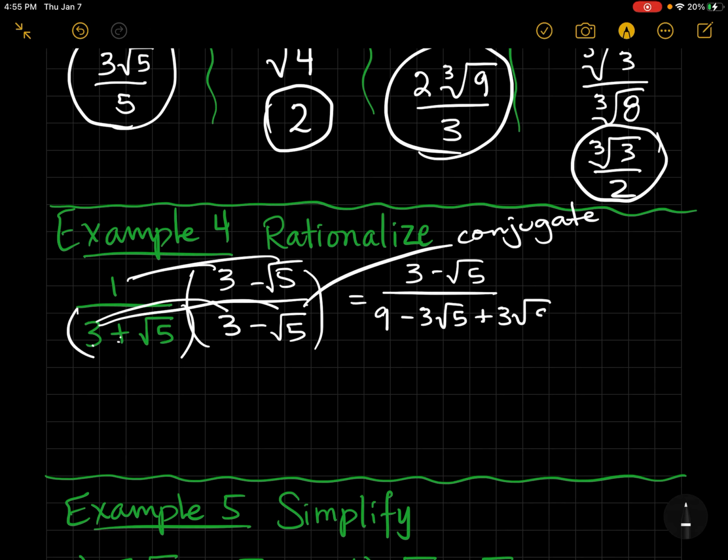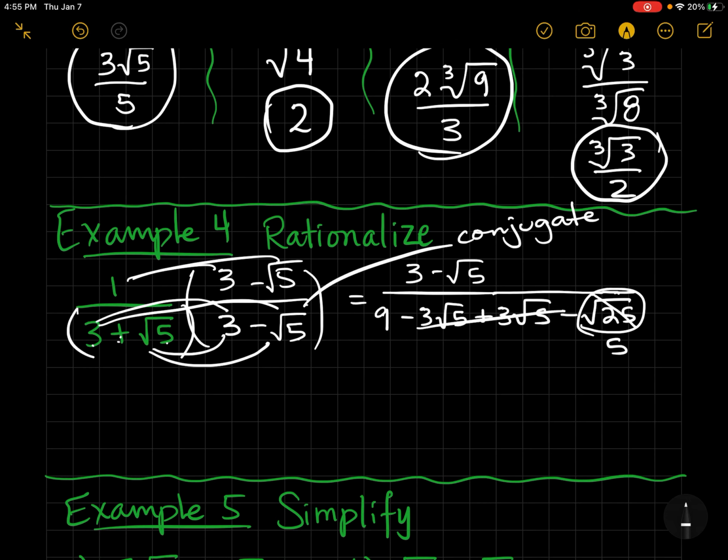That's what conjugates do. And look at what happens when we do last: positive times negative is negative, and radical 5 times radical 5 is radical 25. Ha ha. Perfect square. So this is just 5.